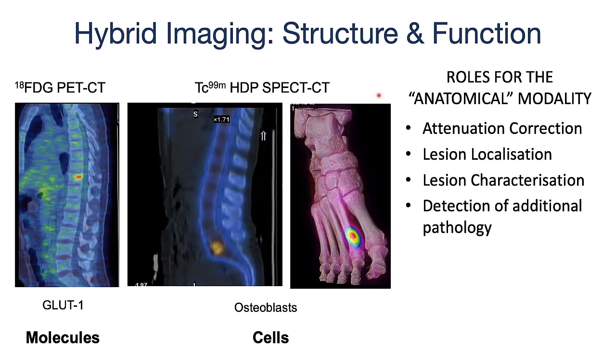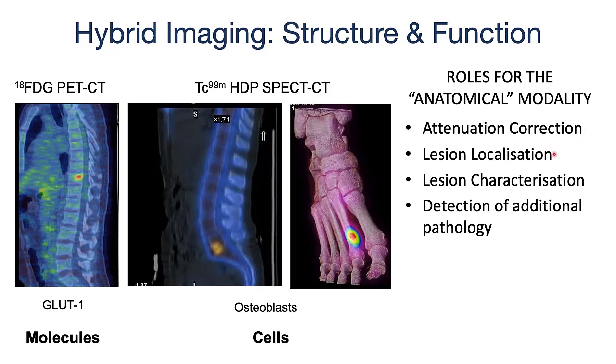The next major development that led to combined structural and functional imaging was the introduction of hybrid imaging devices such as PET-CT and SPECT-CT, and more recently PET-MRI. And these imaging devices have assigned a number of roles for the anatomical imaging component. We can use the anatomical modality for correcting the nuclear medicine images for attenuation.